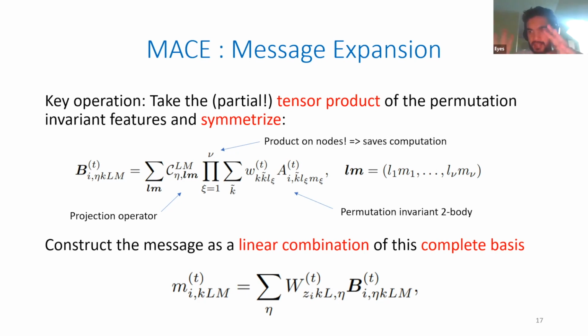And so this LM indexes the representation. The K is the channel. And so in all these networks, you repeat in parallel the same operation over a large number of channels that you only mix linearly. And so this K is the channel index, and there are typical values. Usually we use 128 or 256 channels, something like that. And this W just means that you have weights.